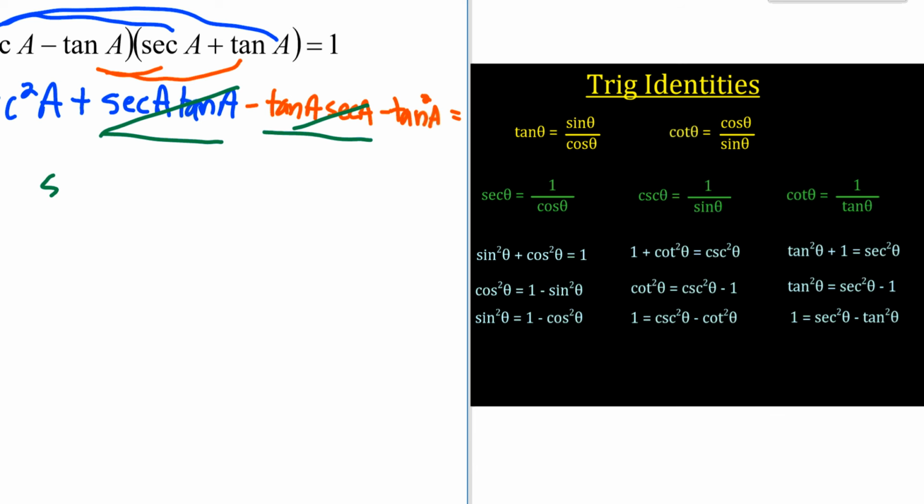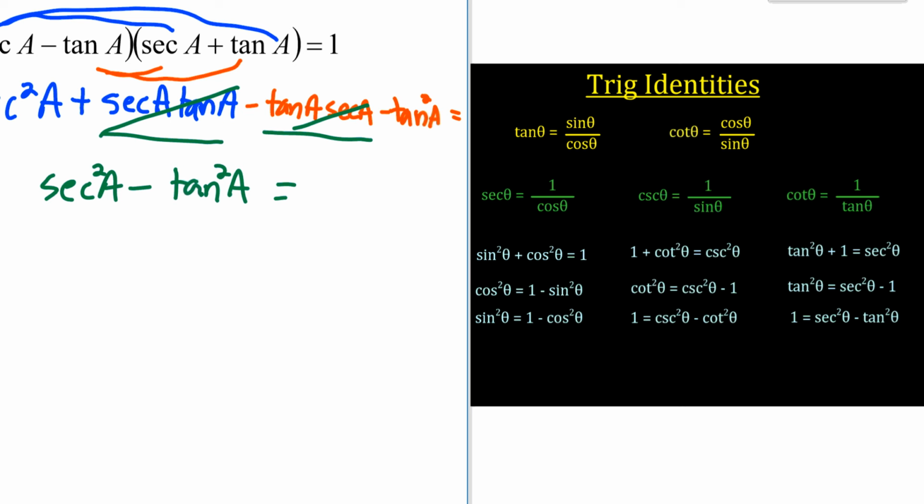So our next step is going to be secant A minus tangent A. Excuse me, I forgot a big step there. I forgot squareds. It's secant squared A minus tangent squared A. It's kind of a big deal. You kind of need those.